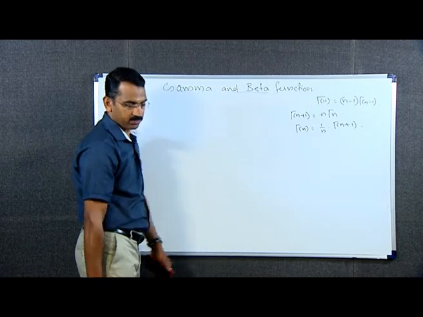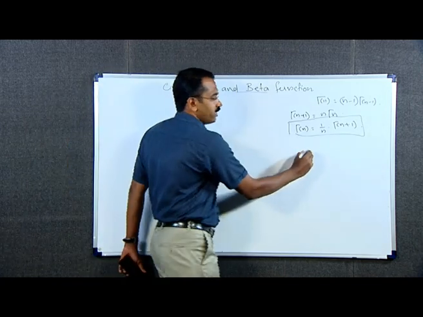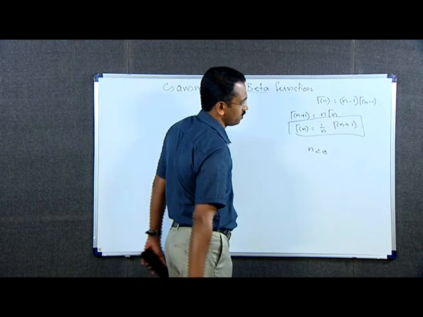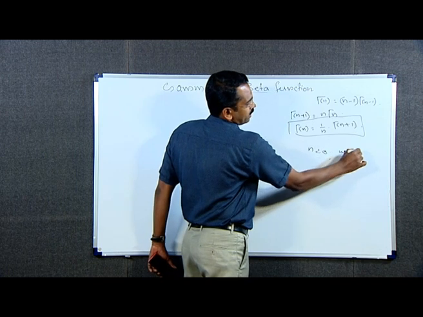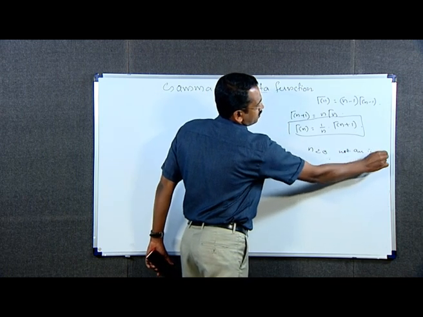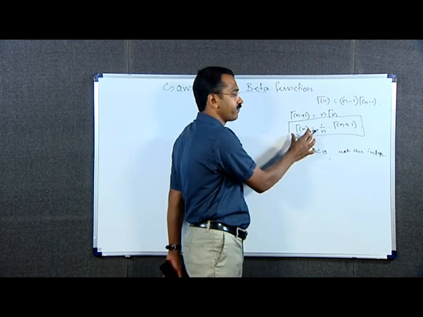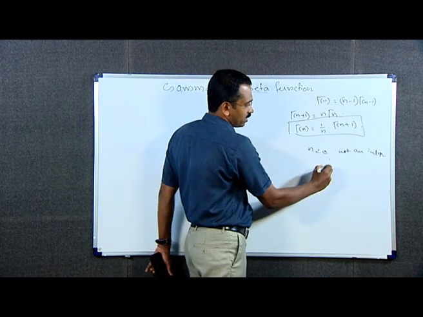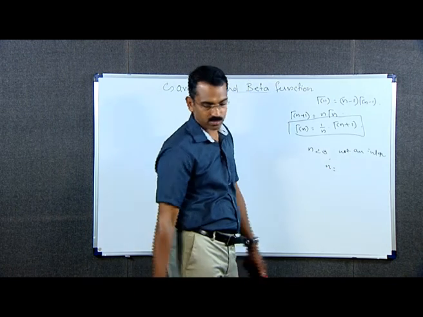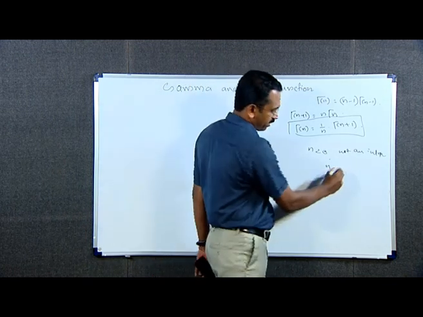For example, for n less than 0 and n not an integer, we can evaluate the gamma by using this relation. For example, take n equal to minus 3.5.